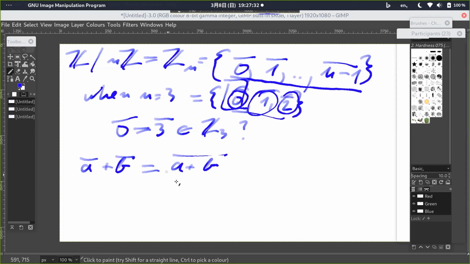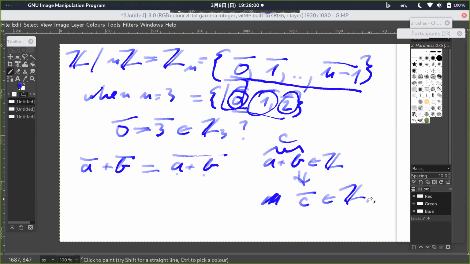So when you have something like this, and you know A is an integer, B is an integer, A plus B is also an integer, right? Let's call this integer C, okay? Maybe that will be easier. And then from this, you can say that C is also in Zn.